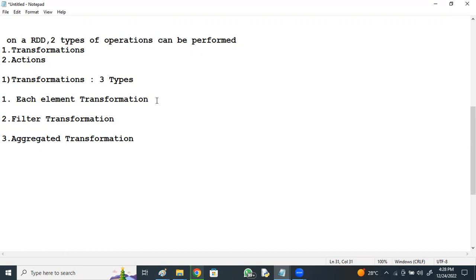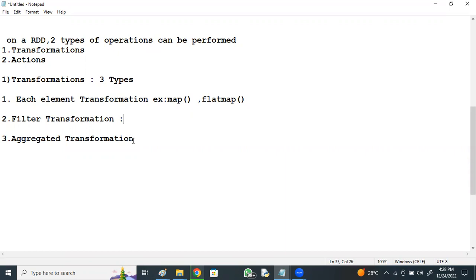Examples of each element transformation are map and flatMap. What do you mean by map and flatMap? Map means transforming each element name to start with an uppercase character, so each and every record is transformed. What do you mean by filter transformation? Filter by range, filter.